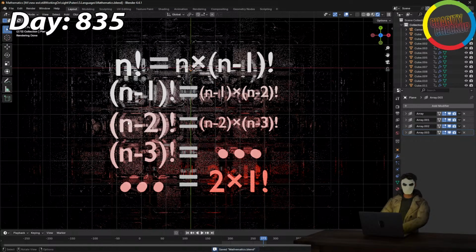Yes, I am doing this correctly, because n minus 2, so if there'll be a 4, then it'll be 4 minus 2. So let's just say the entire thing is a 5. That would be 3 factorial, and 3 factorial is equal to 3 times 2 factorial. So a 6, yes.